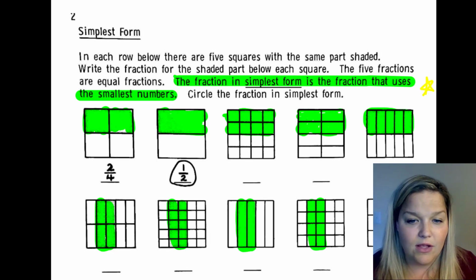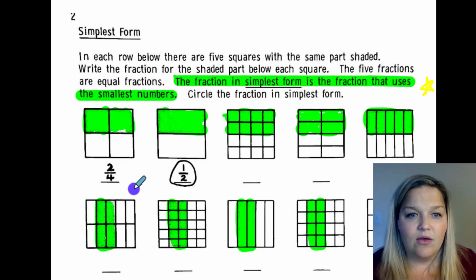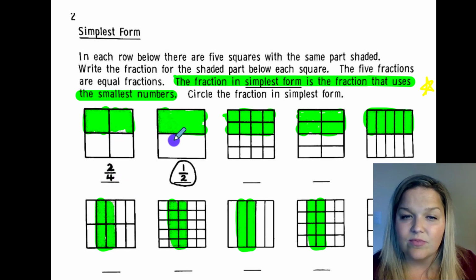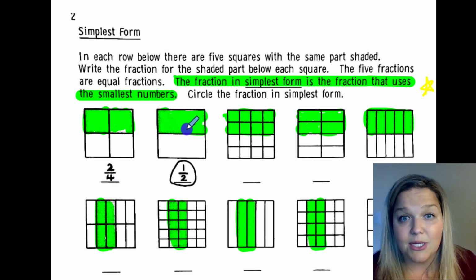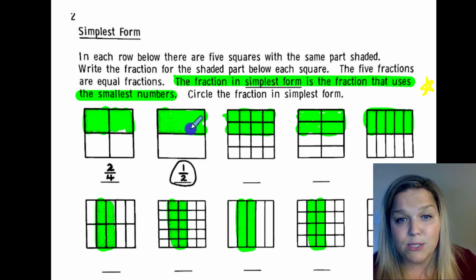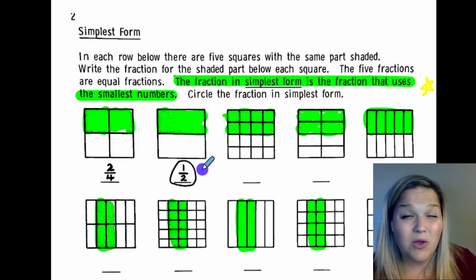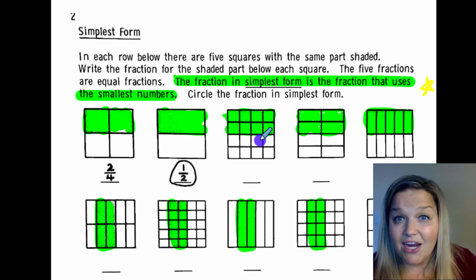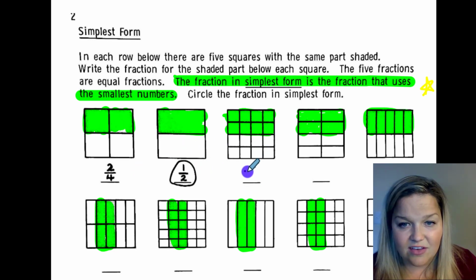All right, so let's change colors here. We can see that the amount that's shaded here is 2/4. I have the same exact quantity shaded, but my square is divided only into 2 parts. So instead of calling it 2/4, we're calling it 1/2. Here, this square has been divided into 16 parts, and we see that we have 8 shaded.